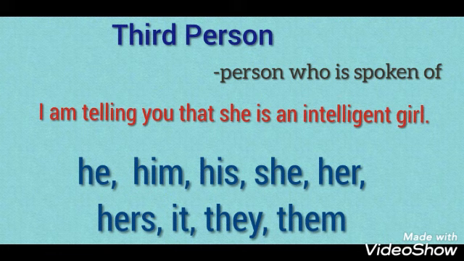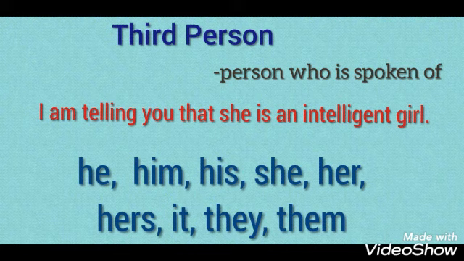Now, third person pronoun. They are used in place of the person or thing who is spoken of or being talked about. Let us look at the example. A sentence is given there.